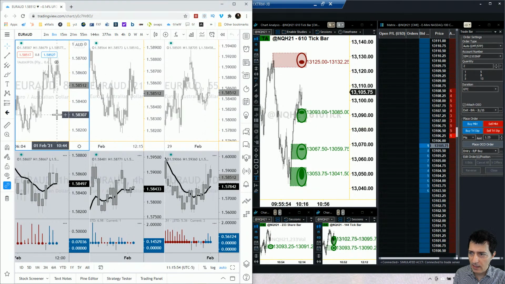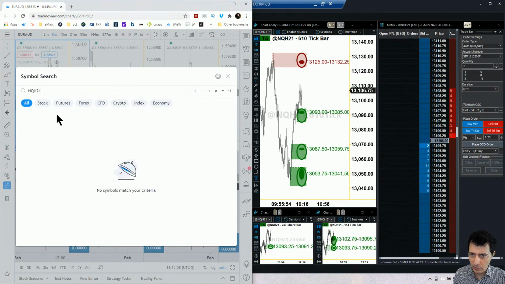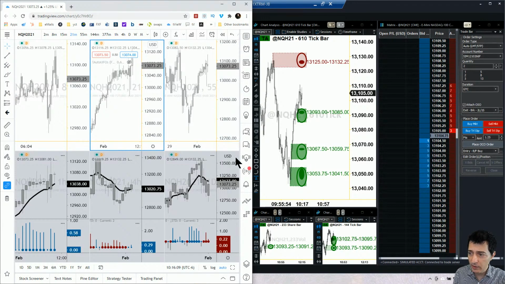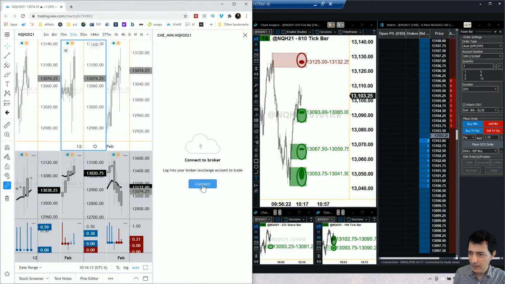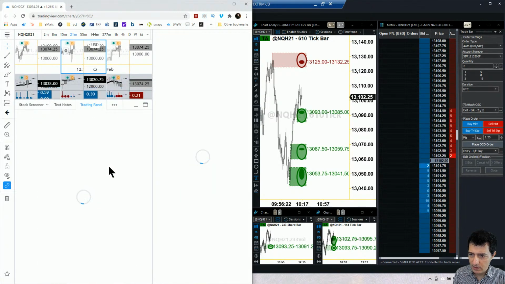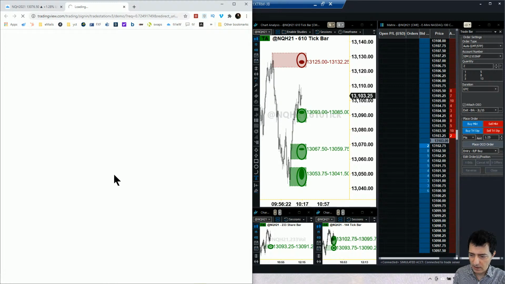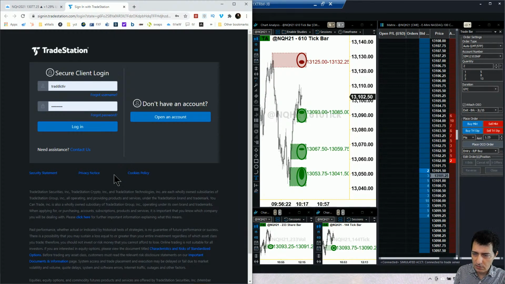So let me load NQH21, 2021. Here we go. So I got the symbol here, and the reason why I'm loading this on TradingView. Let me connect to TradeStation. Oh yes, I'm gonna have to do a quick validation.